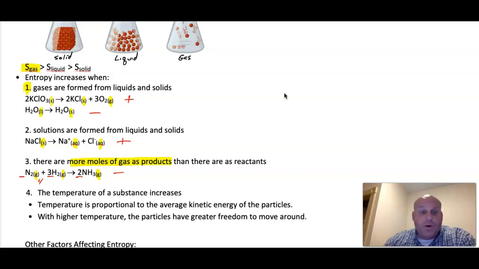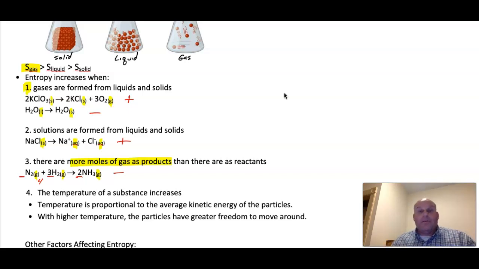The last one we're going to predict in this fashion is with regards to temperature. So an increase in entropy would occur if the temperature of a substance increases. If we think back to our gas laws and those relationships, as the temperature increases, we talked about how the kinetic energy of the particles would increase, or the particles would move around faster and with greater freedom.